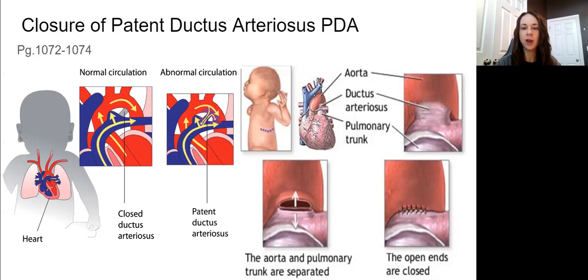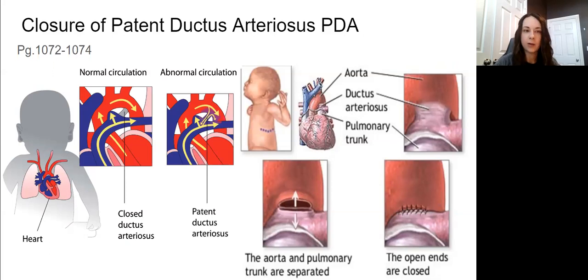So the aorta and the pulmonary trunk are going to be separated, and these open ends are going to be sewn back together. So it's exactly what it shows in this picture for you. So you're definitely going to want to read through this surgery in more detail than the others, but I just wanted to point out that picture to start with.